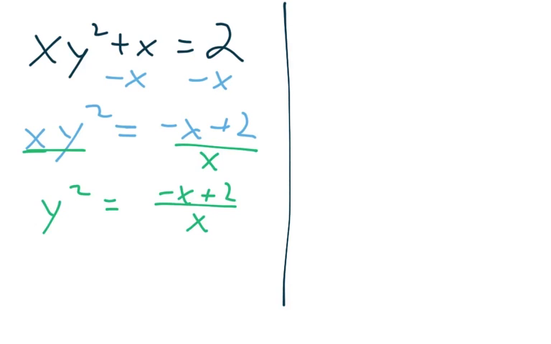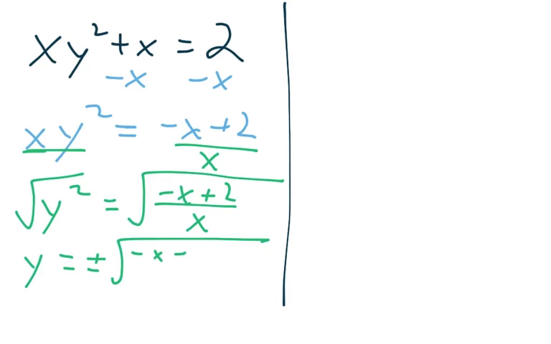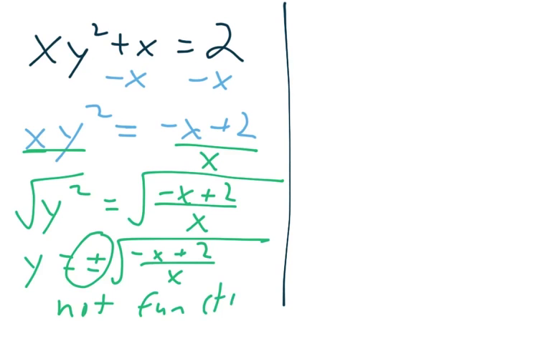Nothing cancels here because you cannot cancel those two x's. And once again, that square root over the y forces me to do a plus or minus. And anytime I see that plus or minus, not a function.